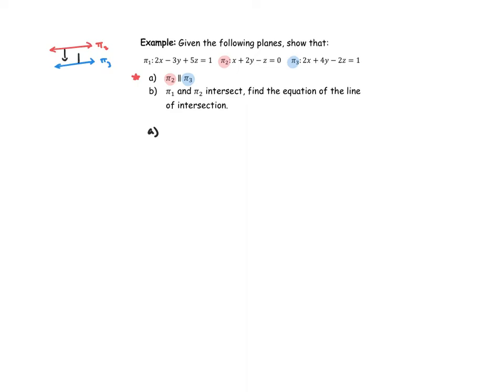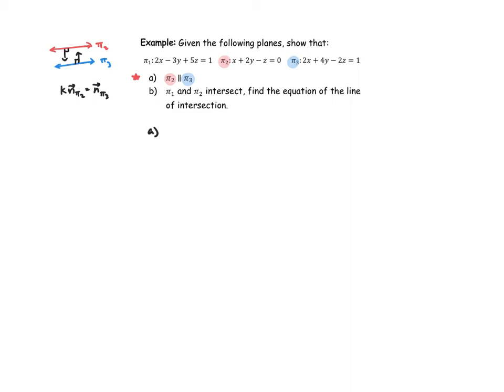We said the normals were parallel to each other. So what that meant was that k times the normal vector, direction vector of pi 2 is equal to the normal vector of pi 3, right? Some constant times one of the normals would be equal to the other normal.